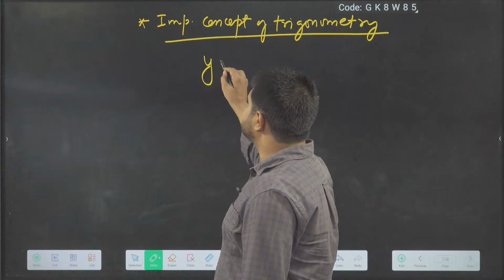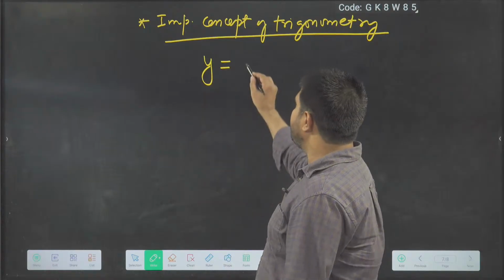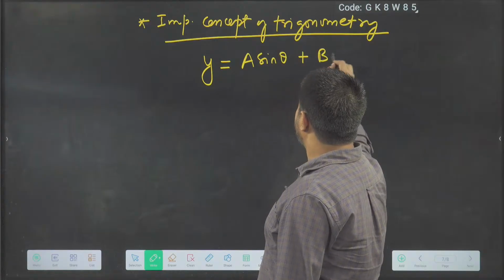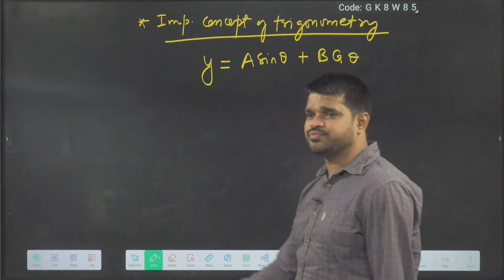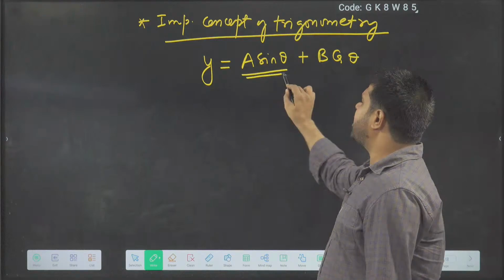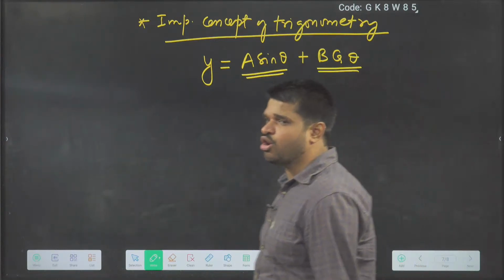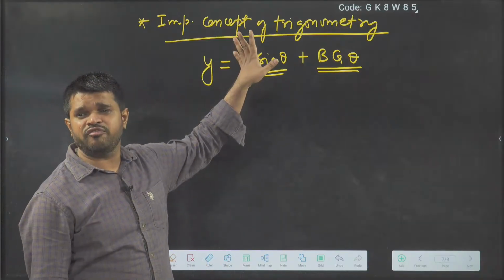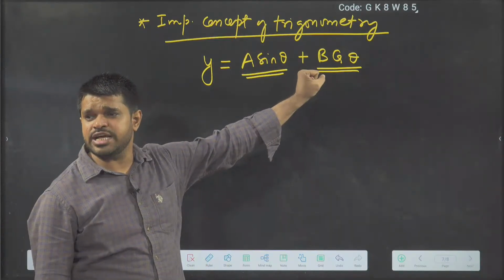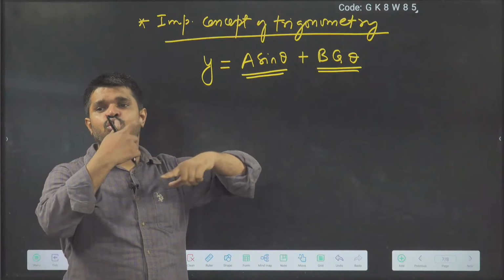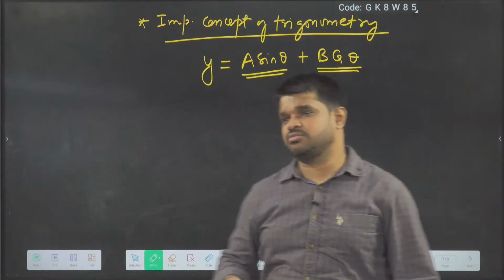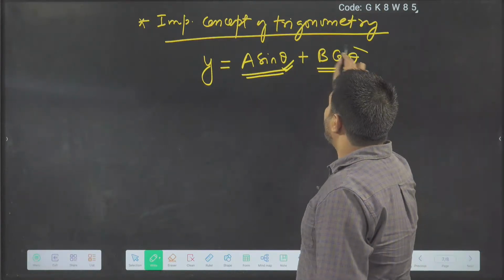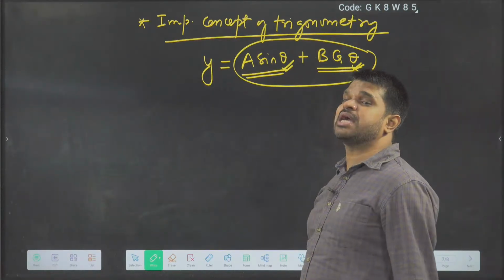Suppose y is given by a sine theta plus b cos theta. If you keep on changing theta, the value of the first term will change, the value of the second term will also change. So the overall expression's value will change. Now, at some particular angle, overall this will give you some maximum value.